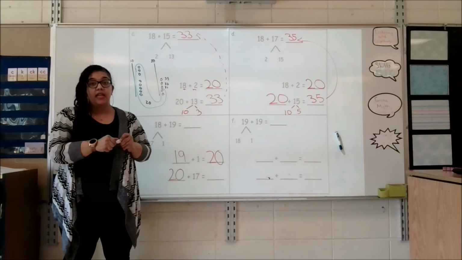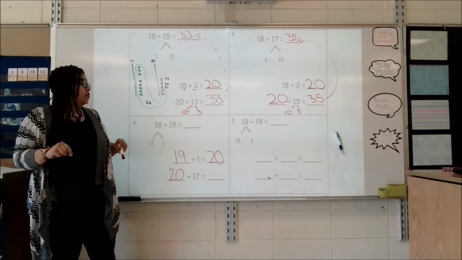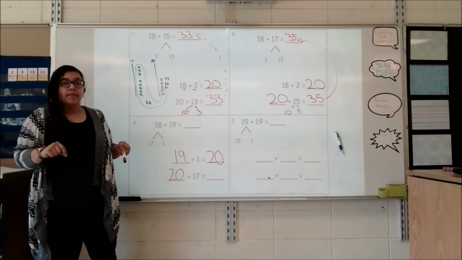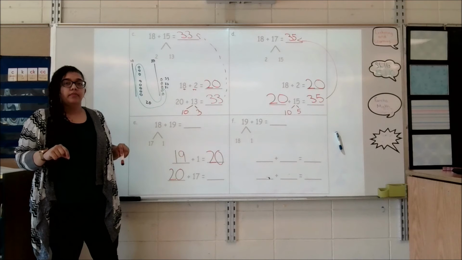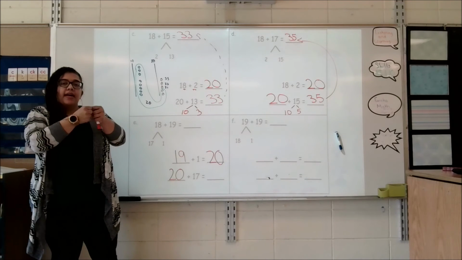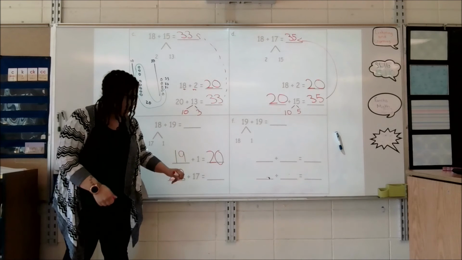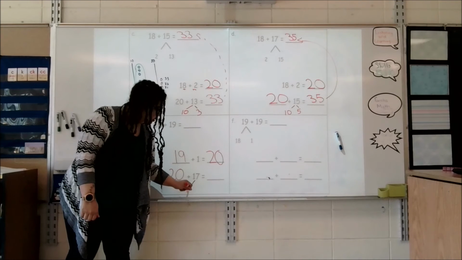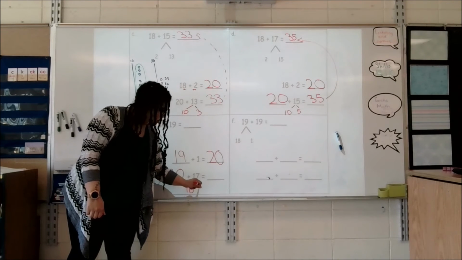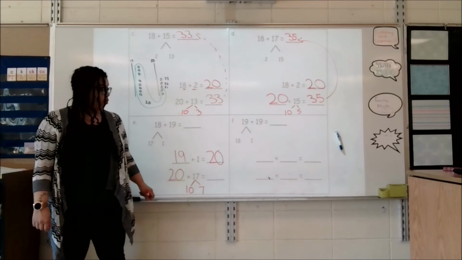20 and 17, what do I need to do now? I need to break 17. I still need to bring my 10s out, so I can put them together, which leaves me with 7 more 1s.